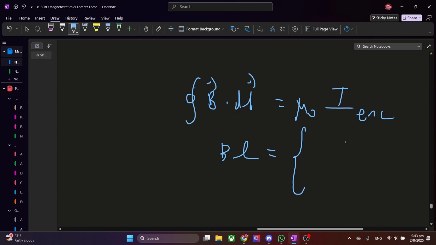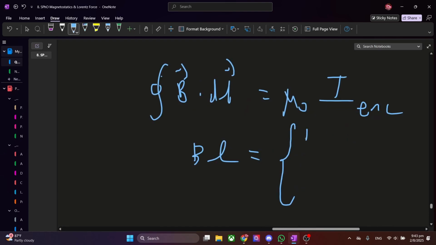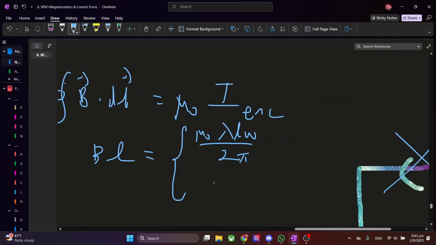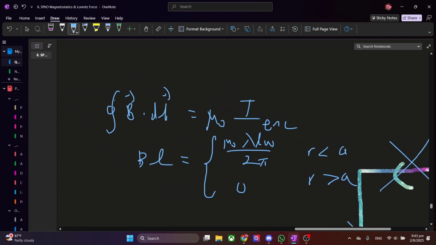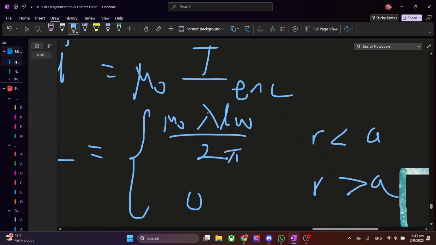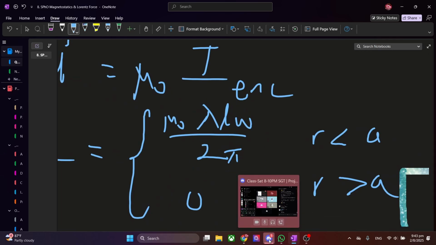Inside the cylinder, this enclosed amount is going to be lambda L omega over 2 pi, and this is zero otherwise. So this is within the cylinder, and this is outside the cylinder. This should be pretty easy to see because this quantity is charge, and this quantity over here is the period. So you basically just get the current that's enclosed inside.